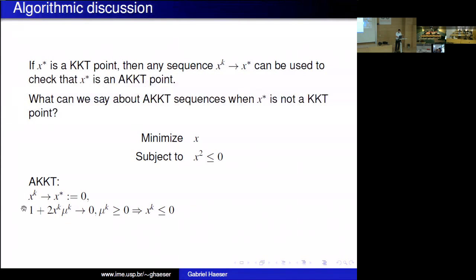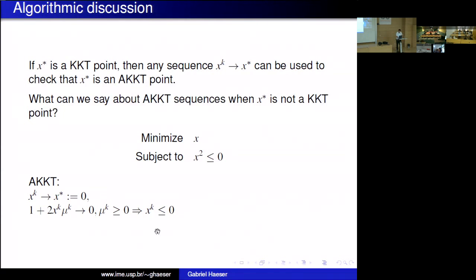If I want this to go to zero, and remember that mu k is always non-negative, I must have xk less than or equal to 0. If this is 1, this must be negative, such that the sum adds up to 0.